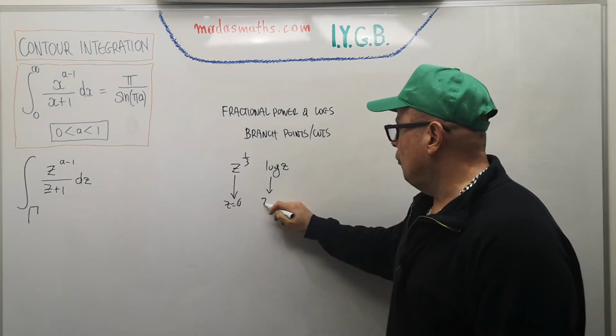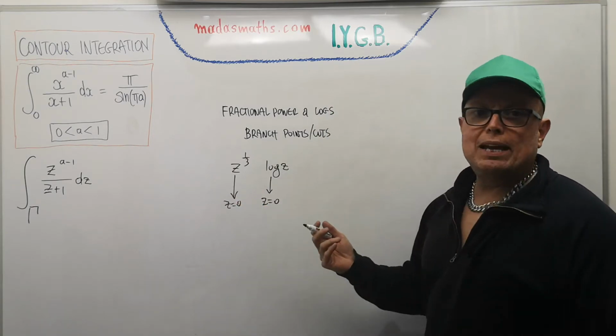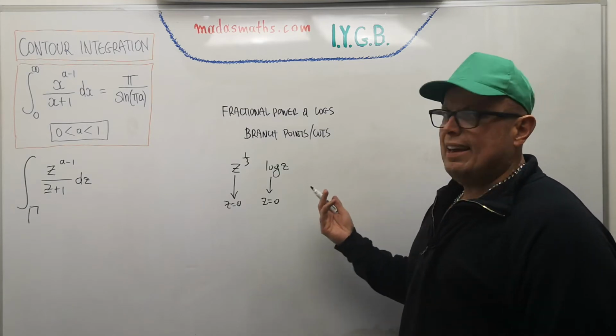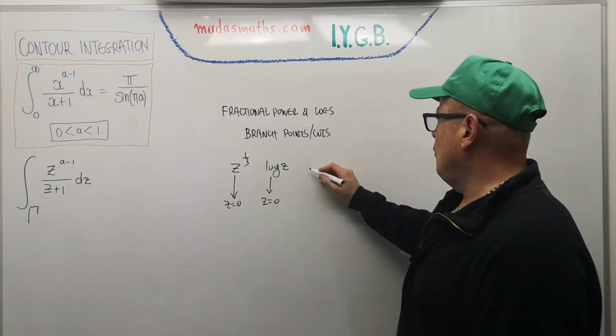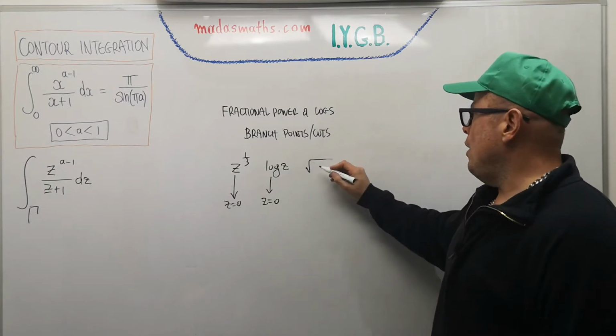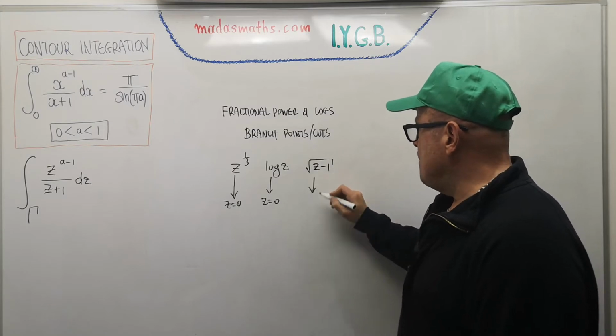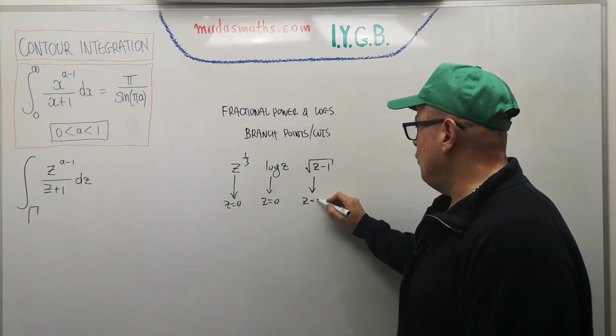Doesn't need to be at the origin always. Usually they're at the origin, but it could be anywhere really. So if you had, for example, somewhere in your integrand, the square root of z minus 1, then you'll have a branch point at z is equal to 1.